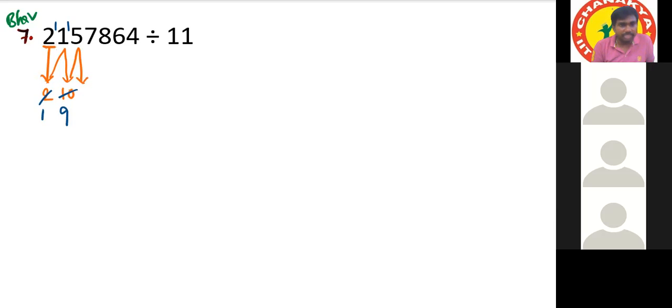Next is 15 minus 9 is possible or not? Yes. How much? 6. Now 7 minus 6 is possible? Yes, 1. 8 minus 1 is 7. Now can you subtract 7 from 6?